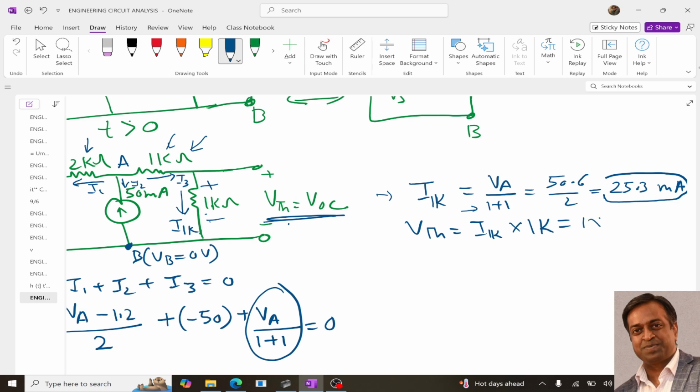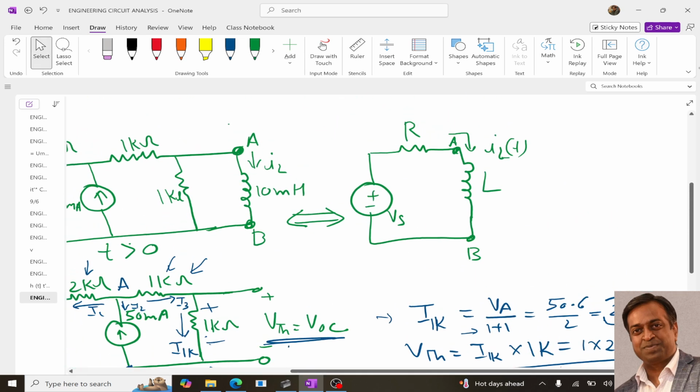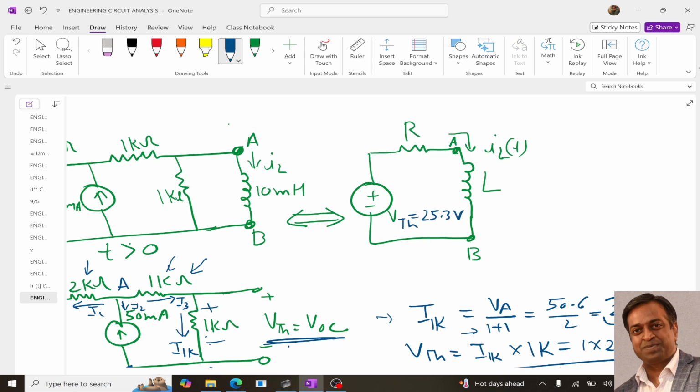So it is 1 into 25.3. So our VTH is 25.3 volt. So this is our Thevenin voltage, or we can put it over here, VTH. It is 25.3 volt. Our L is given this.